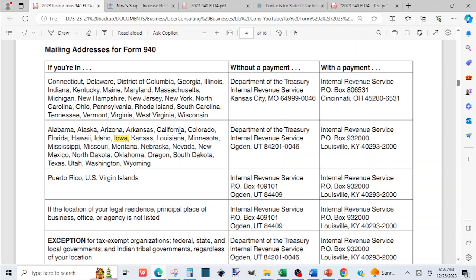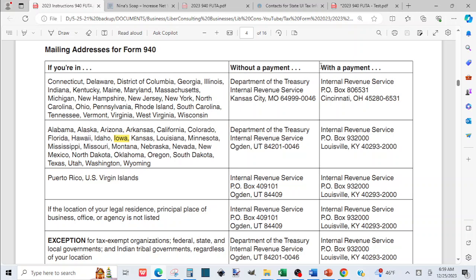If you deposited your tax and you didn't complete the Form 940V, then you'll mail your tax return Form 940 for 2023 without a payment to the address that corresponds to the box where your state is located, and that will be this address.